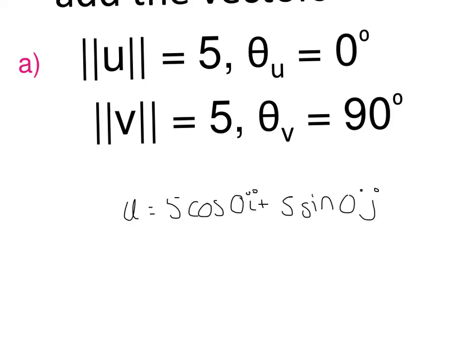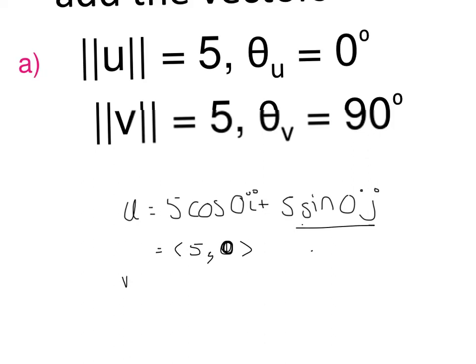Cosine at 0 degrees: here we're going to get 5 i, and that's it. There's no j. Oh, we're in component form, not in terms of i and j. So 5, comma, 0, since sine at 0 is 0, and 0 times 5 is 0.